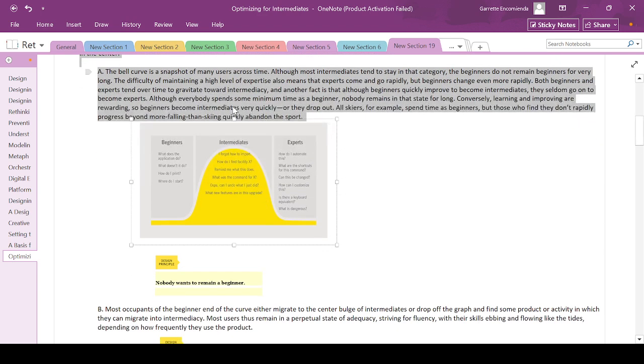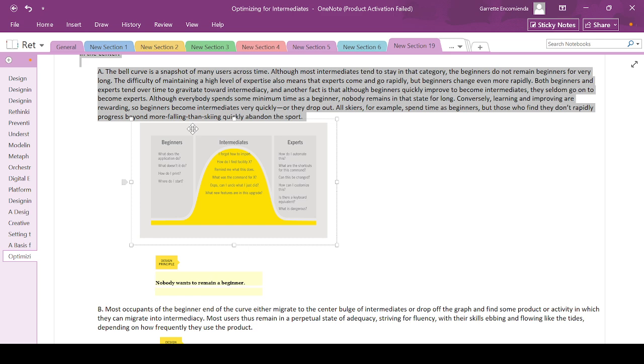So this is true for any skill-building activity. The bell curve is a snapshot of many users across time. Although most intermediates stay in that category, the beginners do not remain beginners for very long. The difficulty of maintaining a high level of expertise also means that experts come and go rapidly.